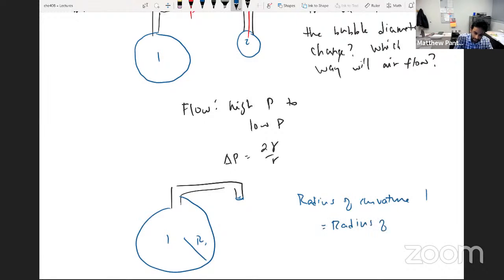Essentially this cap here will have the radius of an equivalent size bubble, right? That's what the radius of curvature means. So that would be the end configuration there.